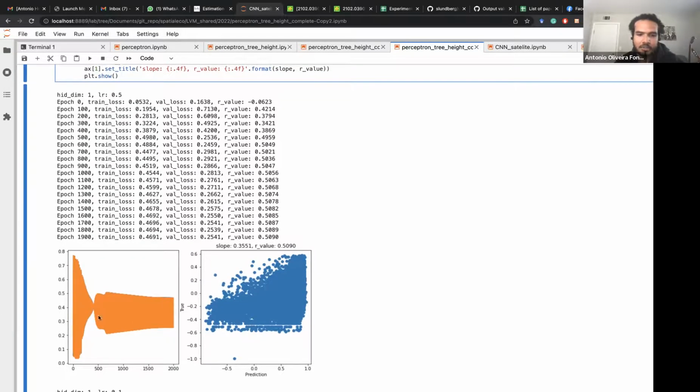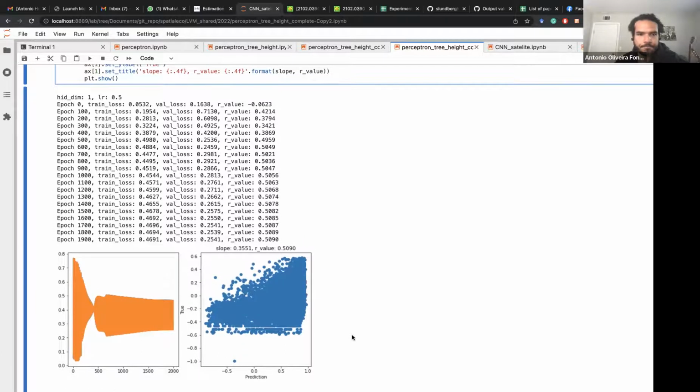But the loss function looks pretty random. Why is it happening? Why do we see so many jumps in this loss function? Potentially the learning rate, because the loss function has a very complex shape.